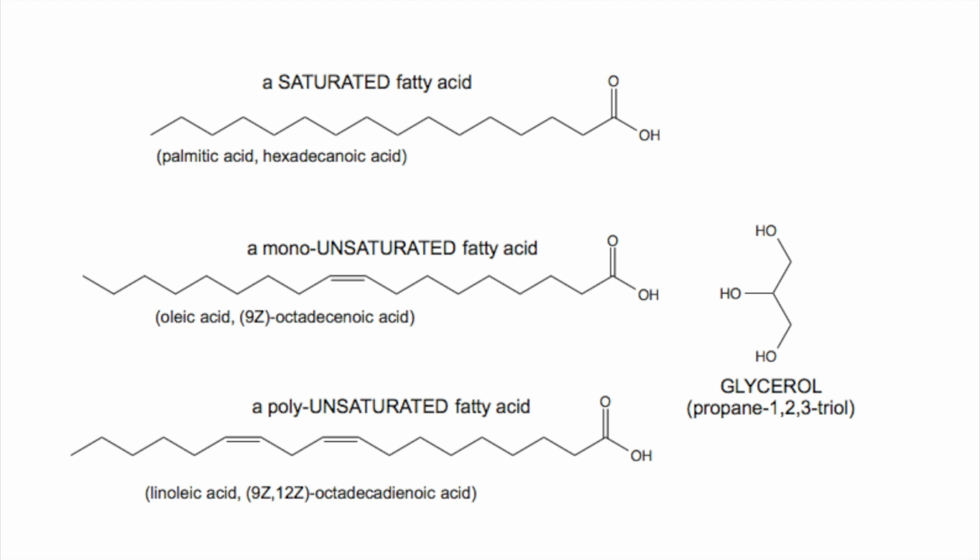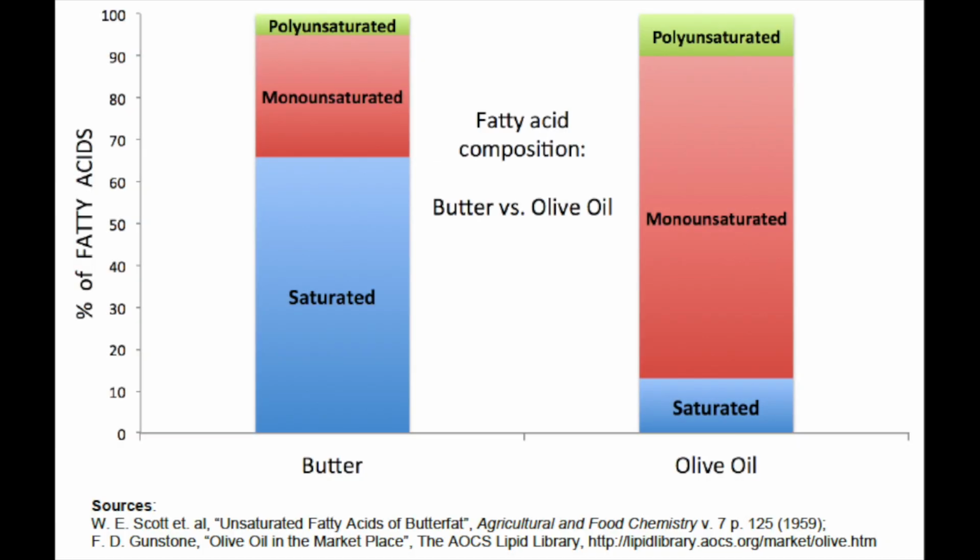The double bonds in naturally occurring unsaturated fatty acids typically have cis stereochemistry. As this graph shows, butter has a high saturated fat content, while the triglycerides in olive oil contain mostly unsaturated fatty acid tails. We will see that the difference in saturation contributes strongly to the difference in their melting points.